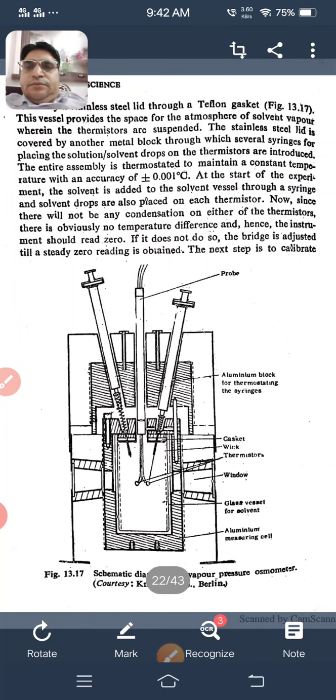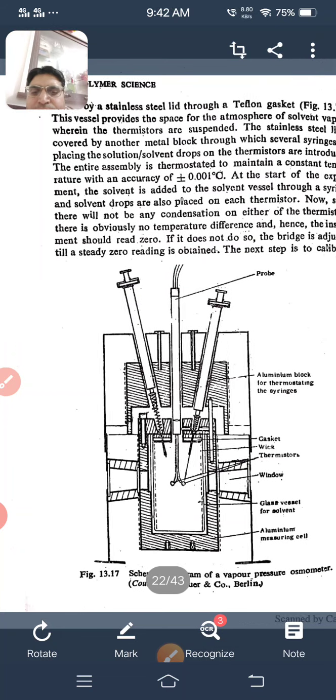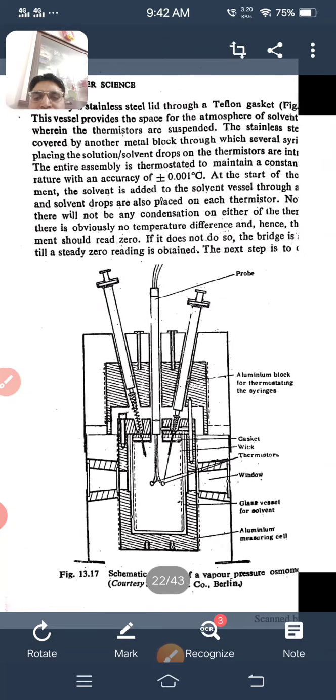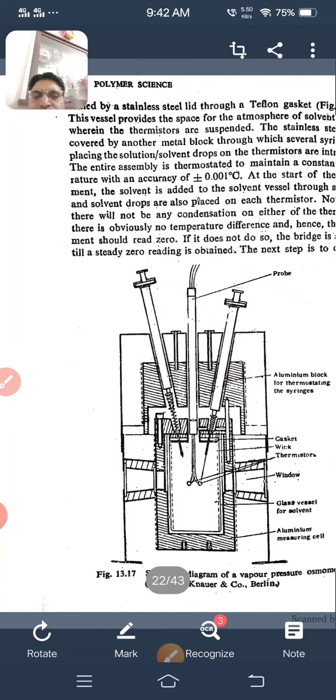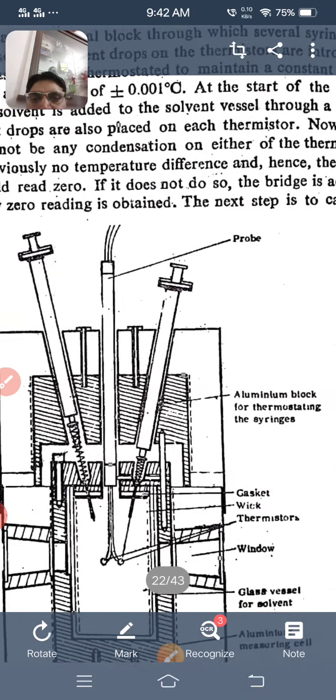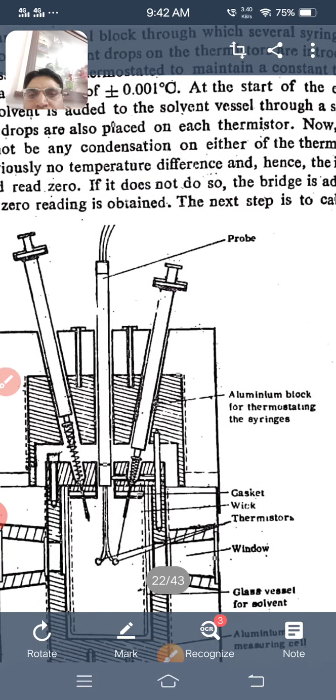This is the schematic diagram of the vapor pressure osmometer.